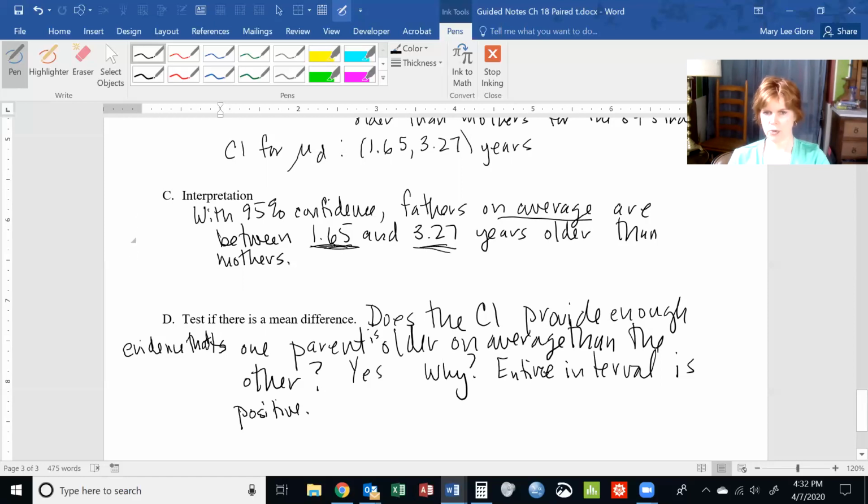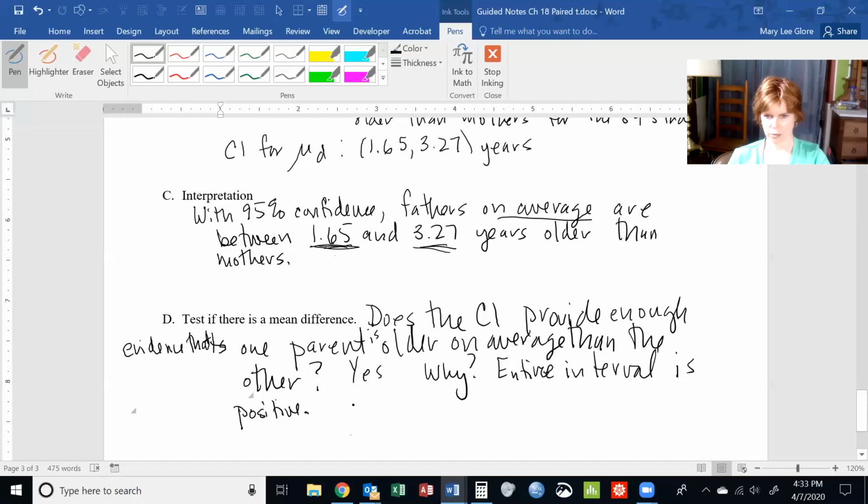So on both ends of this interval, the fathers are older than the mothers. So with 95% confidence, I think fathers are older than mothers, by values from 1.65 years to 3.27 years. So that's the answer here, all right?